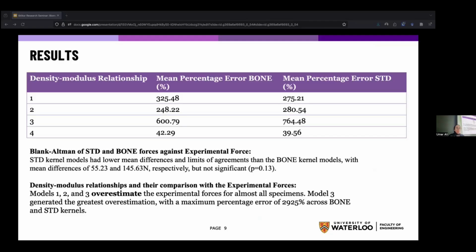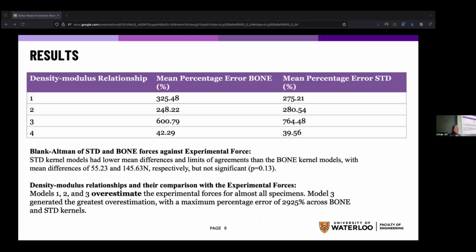The Bland-Altman analysis allowed us to determine which kernel is more accurate to the actual experimental results. Both had low mean differences and limits of agreement, but the standard kernels were closer to the actual expected force than the bone kernels: 55 newtons versus 145 newtons.